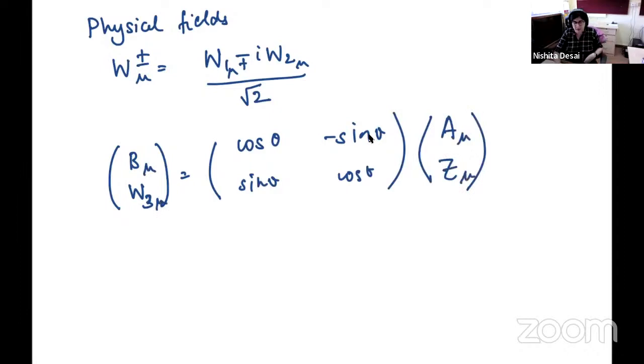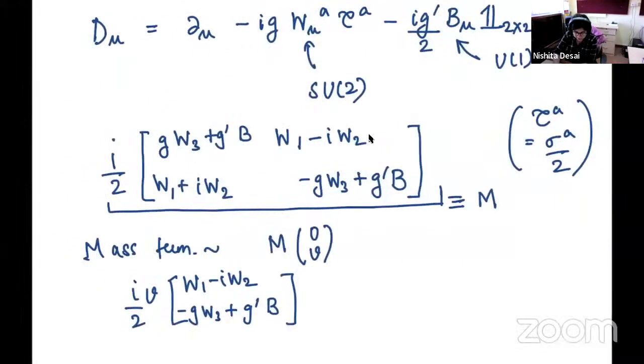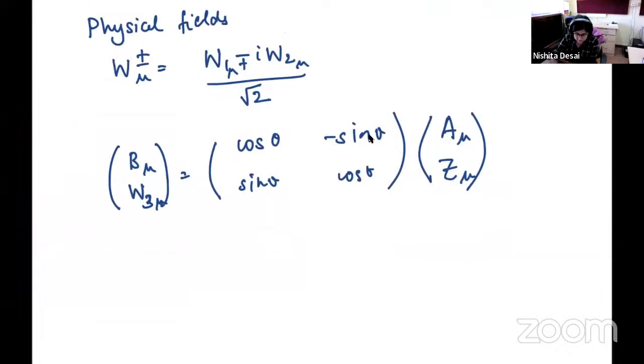It's just a rotation of the earlier fields that you had, B mu and W3 mu, that were on the diagonal. And we write them in terms of these new physical fields. This theta is often also denoted by theta W and is called the Weinberg angle.